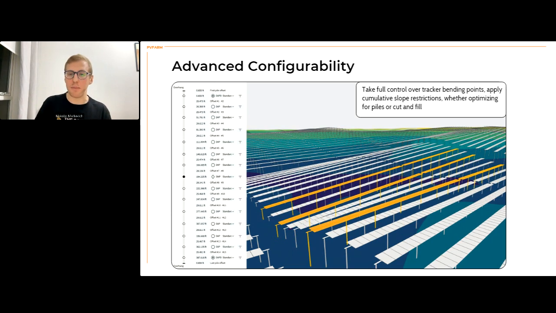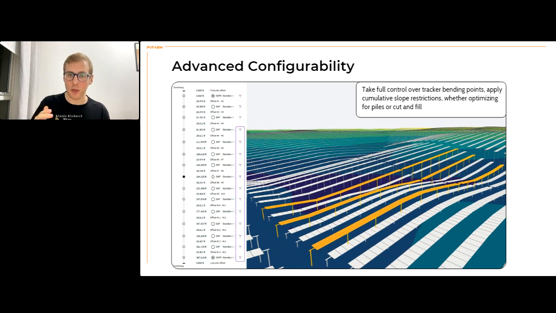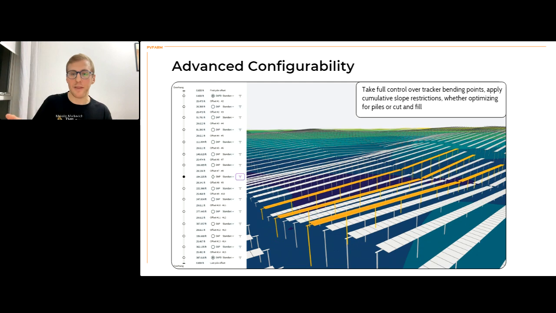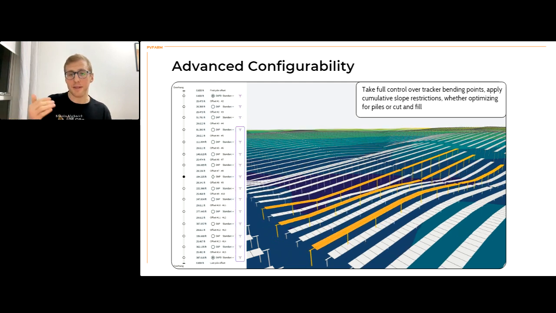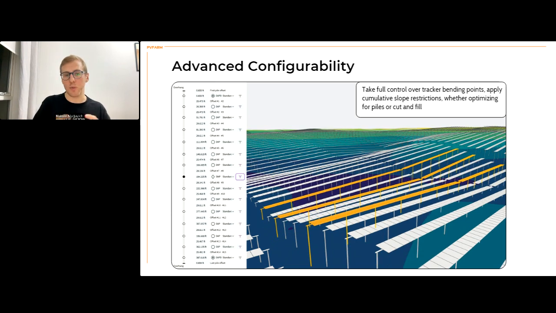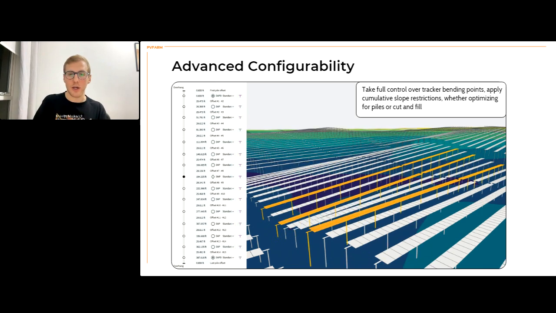But there are some examples where trackers might bend on certain piles. So not everywhere, but on certain piles. Let's say on a motor pile, or maybe on some other piles, or maybe we'll even have different bay-to-bay slope changes, right?